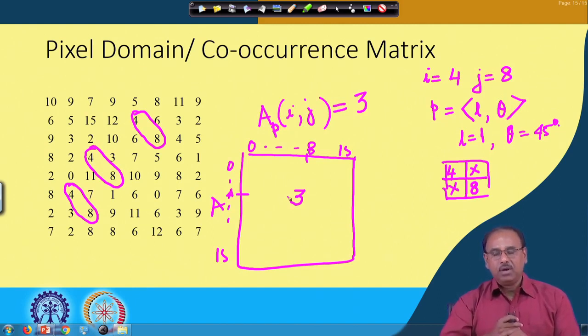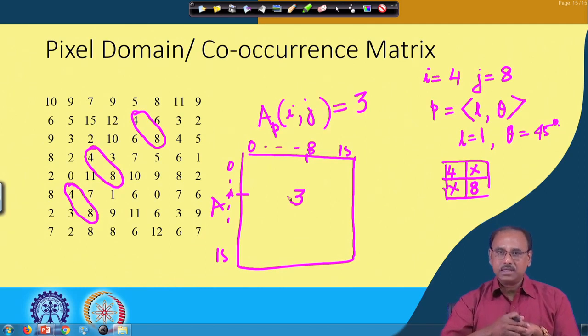So, effectively it gives me the number of occurrences of different pairs of intensity values, how many times they occur within the given image for a given p. If I vary p, obviously I will have different co-occurrence matrices.